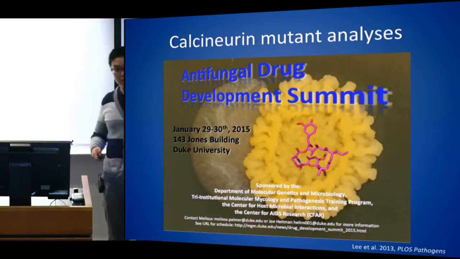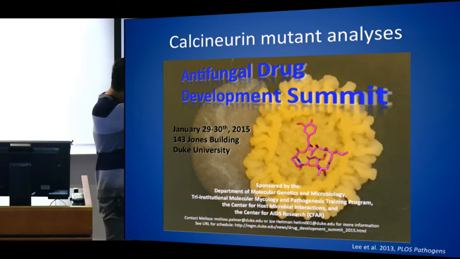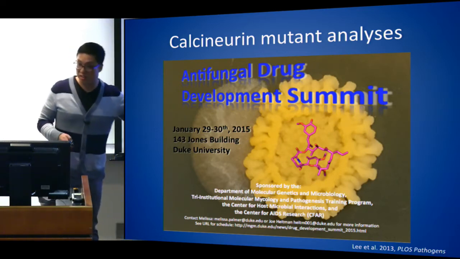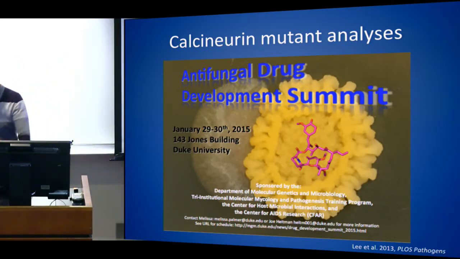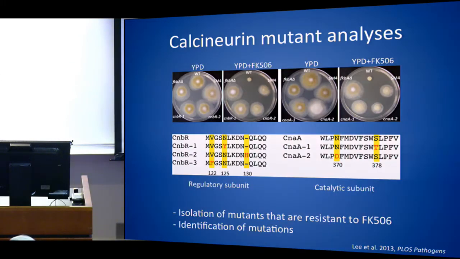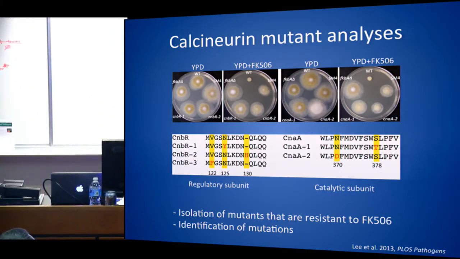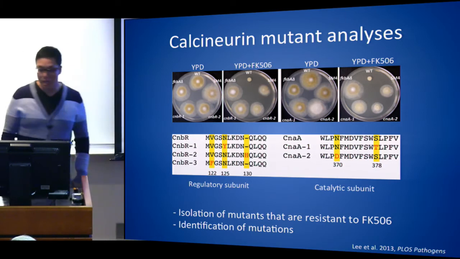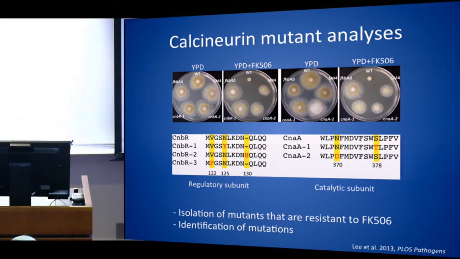As time goes on, you see mold sectors coming out of this. We call these resistant mutants against FK506. Some of them, not all of them, carry mutations in the regulatory subunit or catalytic subunit. So that makes sense. Then what mutation does that?